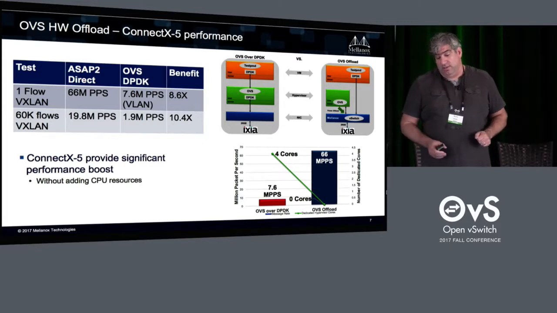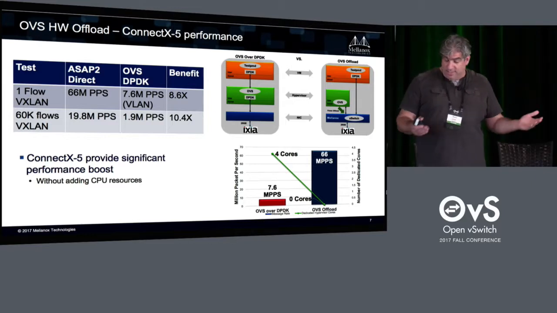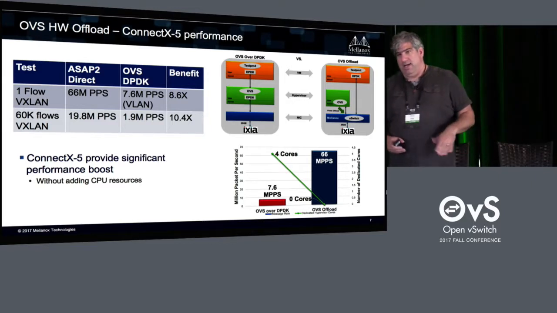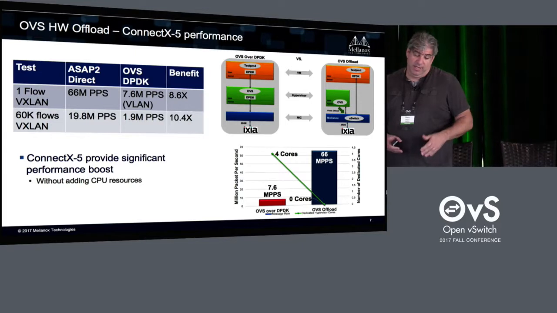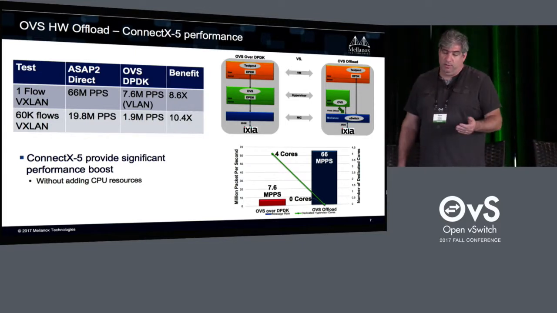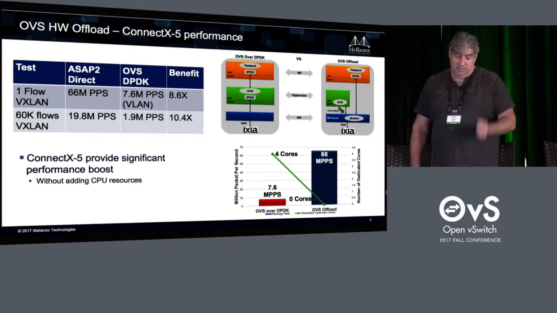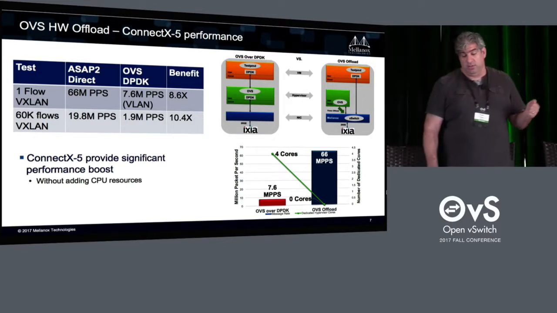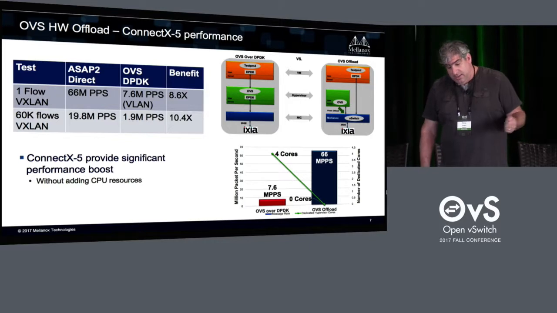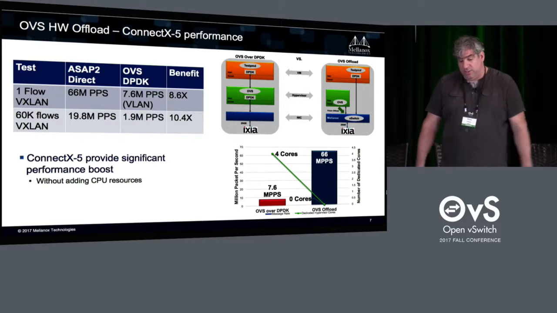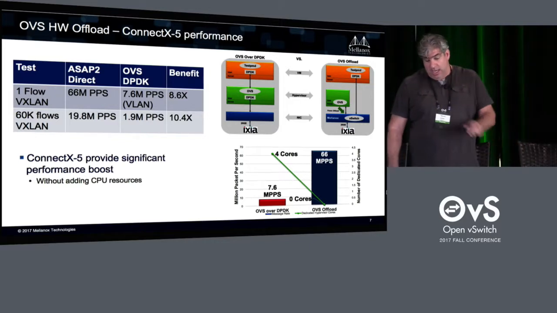And then, of course, the OVS DPDK drops down, because of all the cache misses that happen when you have a lot of flows. But the hardware is not dropping the same as the software implementation of OVS DPDK. And we are even reaching almost 20 million packets per second. As I said, it's for VXLAN traffic.